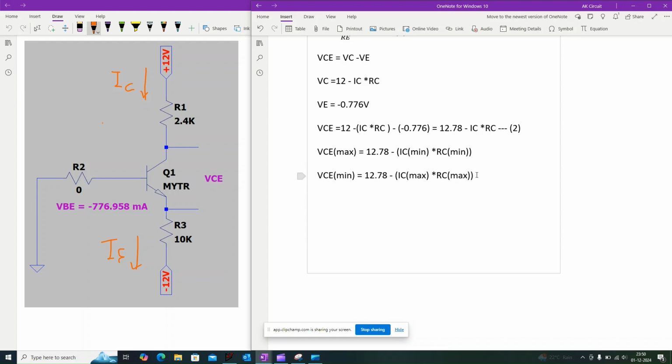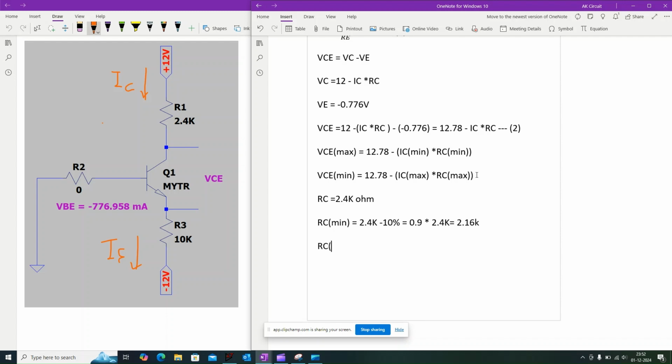Here we know the nominal value of RC is equal to 2.4 kilo ohm. So RC minimum is equal to 2.4 kilo ohm minus 10%, which is equal to 0.9 into 2.4 kilo, which is equal to 2.16 kilo ohm.